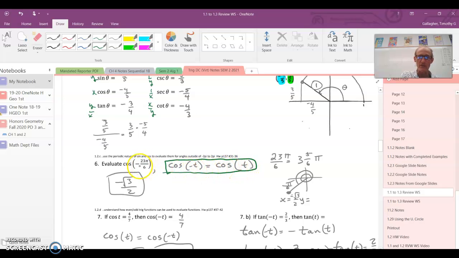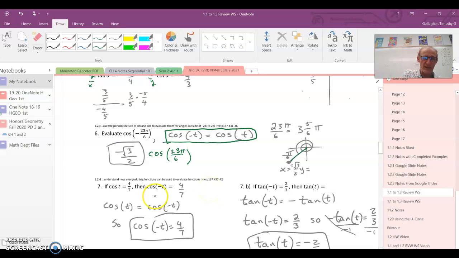So the cosine of -23 pi over 6 is the same as the cosine of 23 pi over 6. Okay? So you then look at 23 pi over 6, and you find the x value, and it was negative square root of 3 over 2.